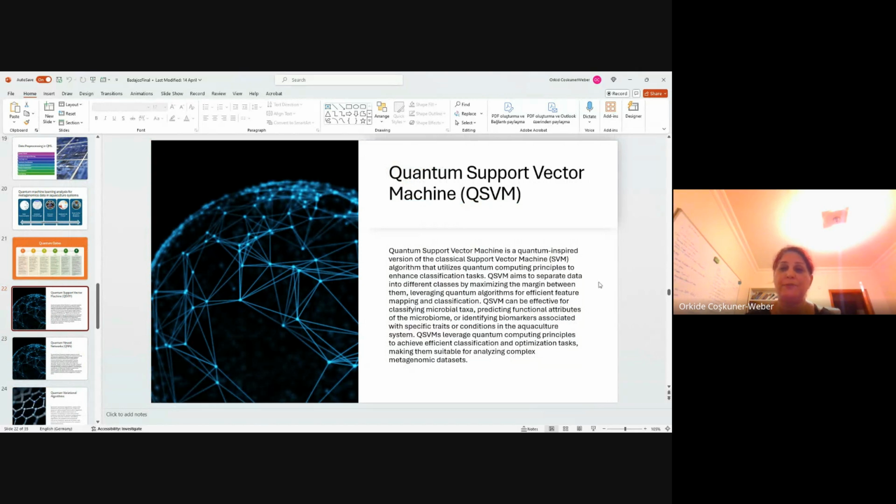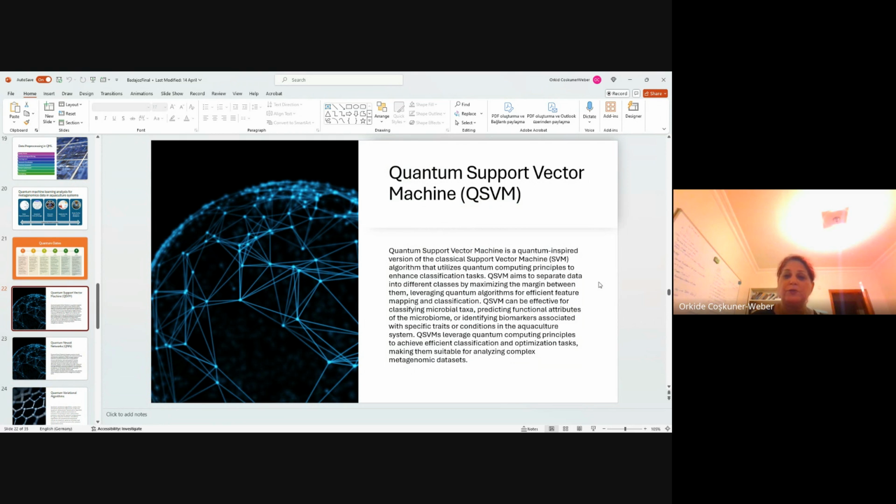It aims to separate data into different classes by maximizing the margin between them, leveraging quantum algorithms for efficient feature mapping and classification. It can be effective for classifying microbial taxa, predicting functional attributes of the microbiome, or identifying biomarkers associated with specific traits or conditions in the aquaculture system.